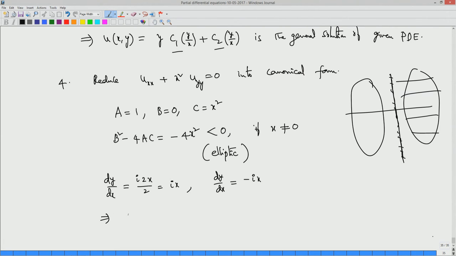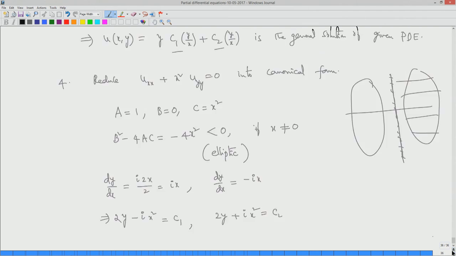So, if you do this, you have y minus ix square by 2 equal to c1, or you just take this 2 there. So, you have 2y minus ix square equal to c1. Similarly, 2y plus ix square equal to c2.